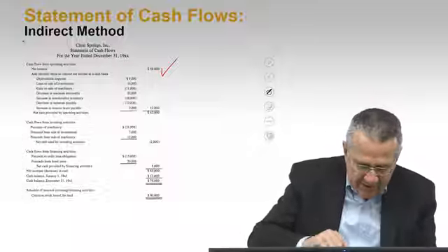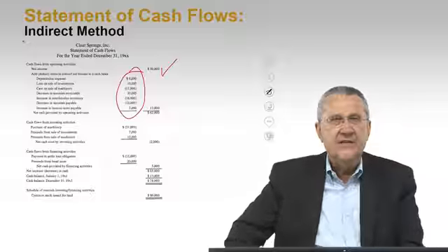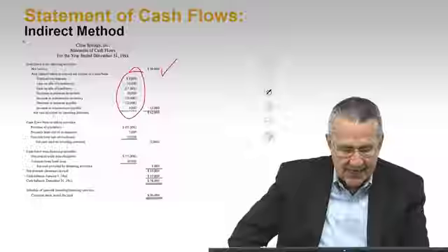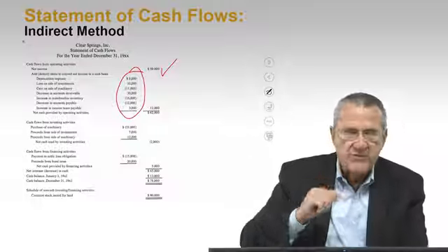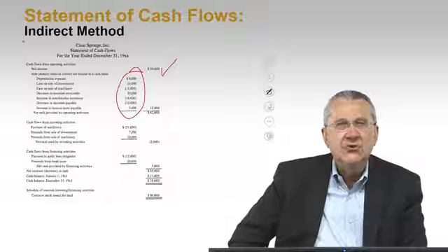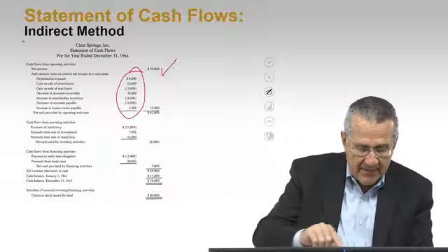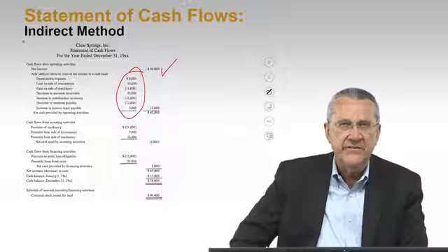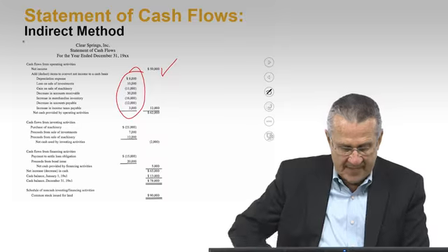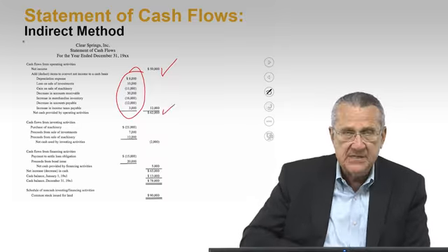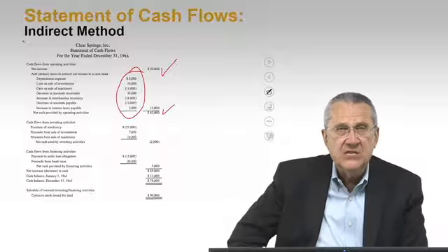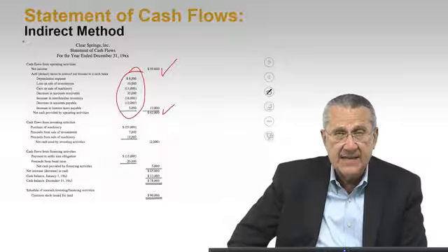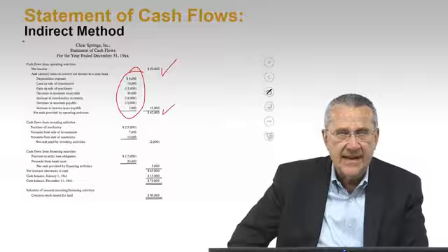Then we're going to make a series of adjustments. These adjustments are designed to turn this $50,000 number into cash flow, remembering that that net income number was generated using the accrual method of accounting. And you'll note that the answer is the same. It's still $62,000 of net cash inflow from operating activities.